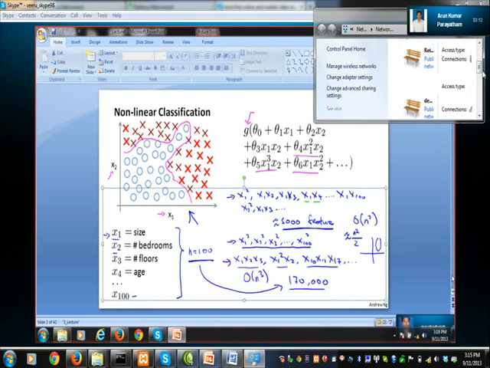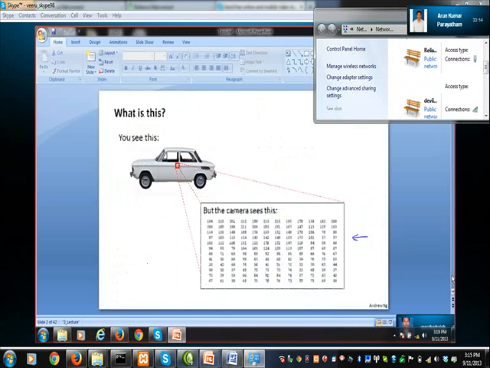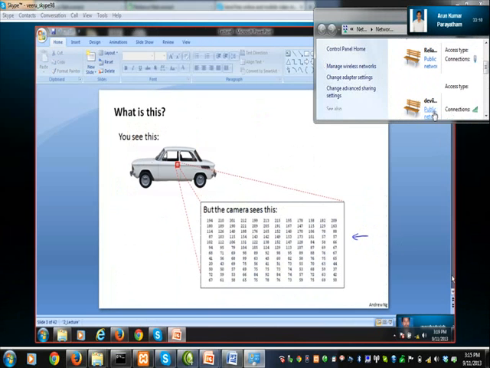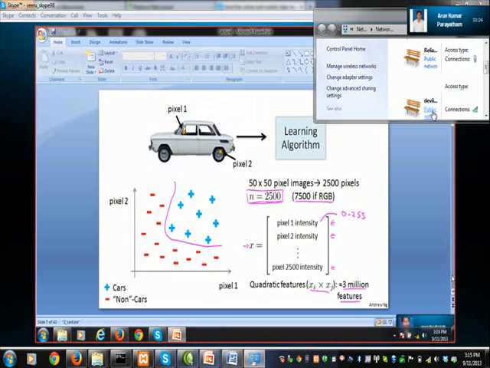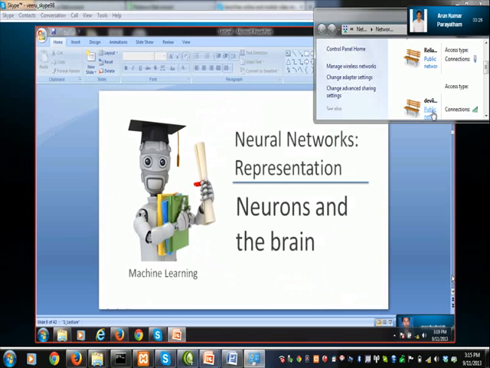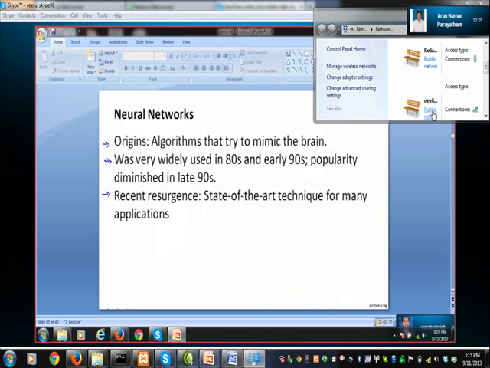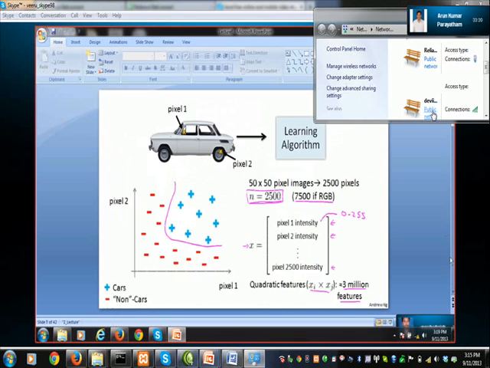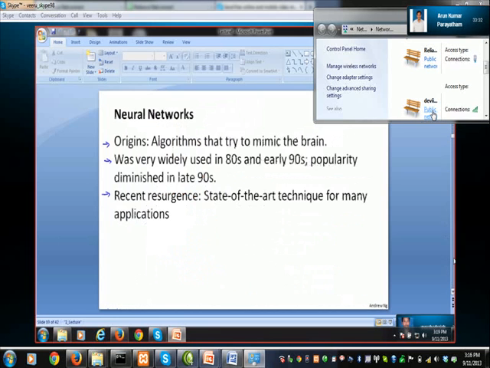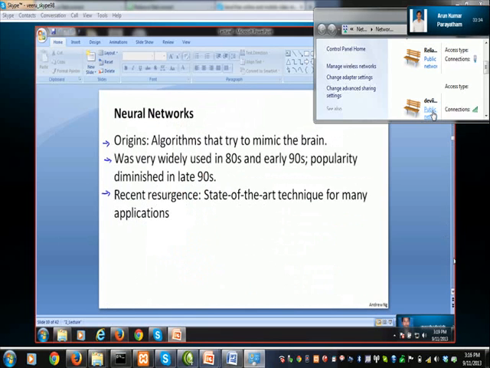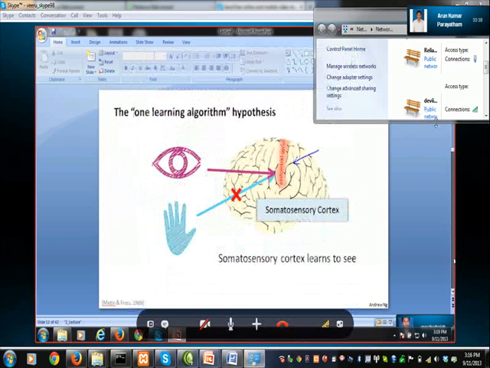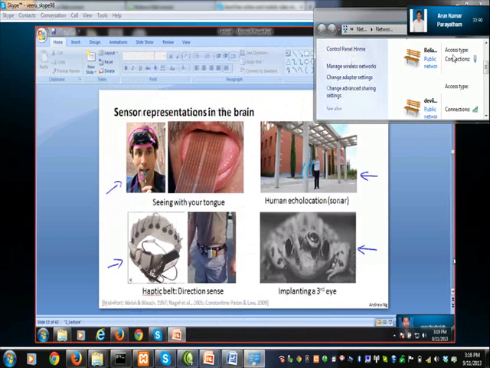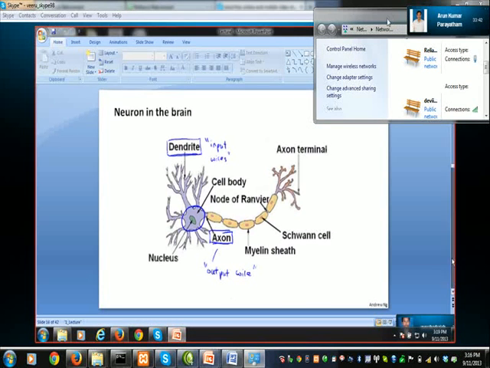To do this problem, he is introducing neural networks. All these slides you can just go through. He is explaining physically how a car can be identified, how sensors will take all those things. I don't want to discuss that. You can go through these videos which are given in your content, on how biologically the mind works, what the neurons are, and how they work, all those things.